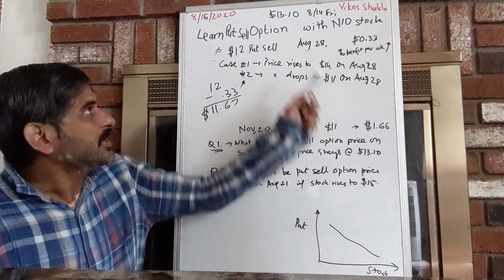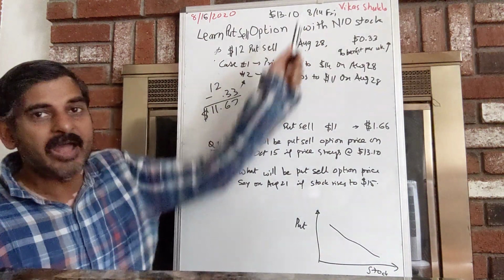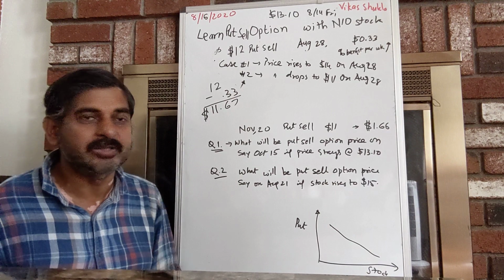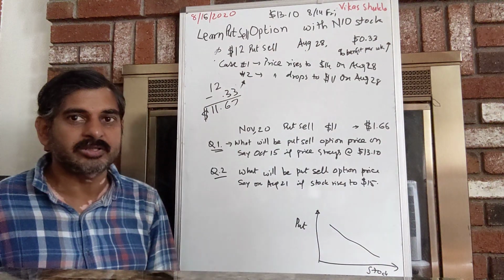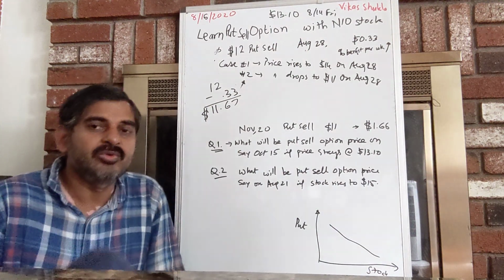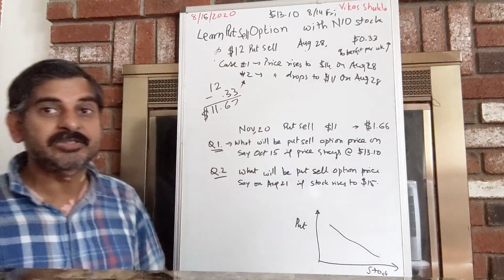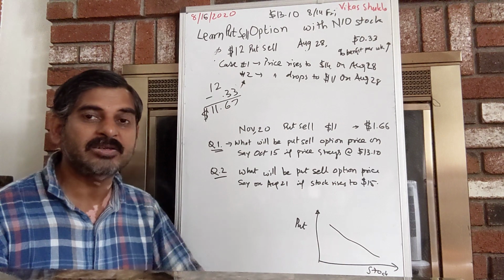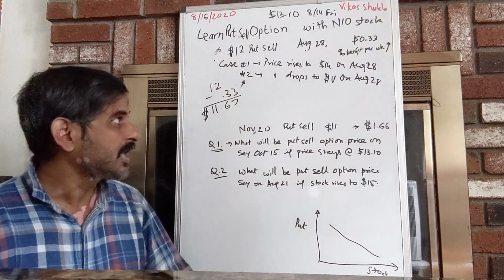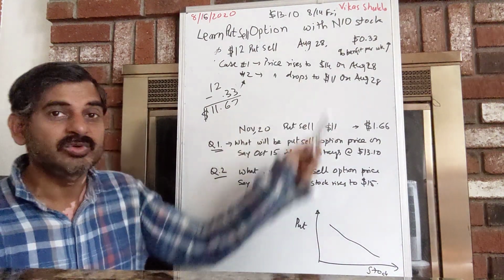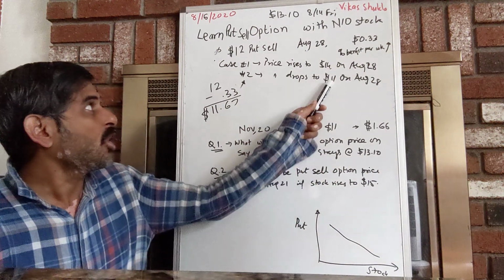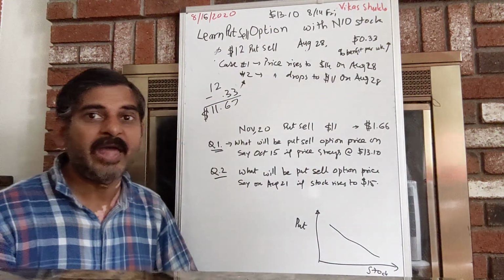You look at it that if I would have bought this share on 8/14, or let's say on Monday it opens at $13.10, or on Friday you buy it at 13.10, you would have to purchase this stock at $13.10, and if the stock goes to $11, your loss would be $2.10.